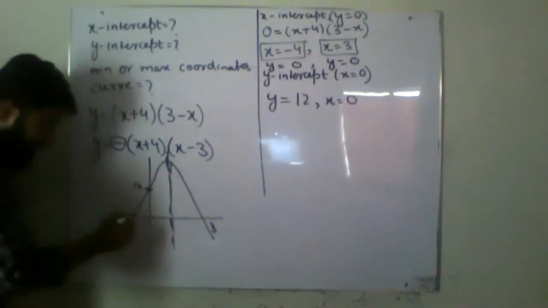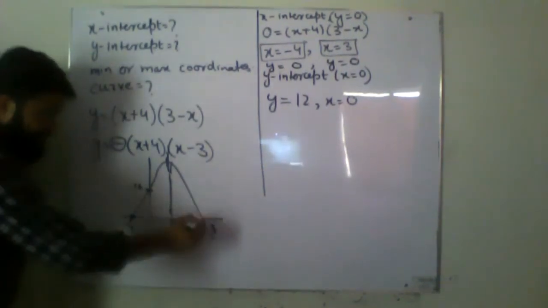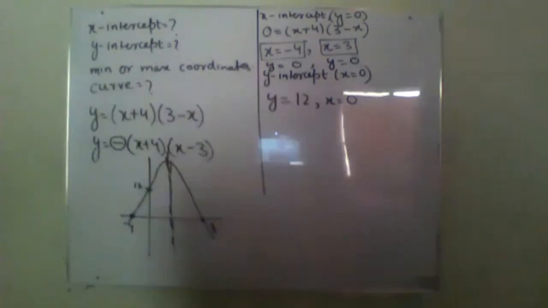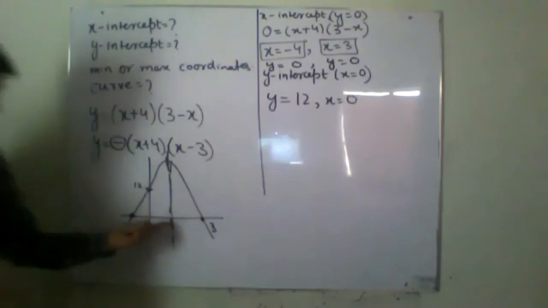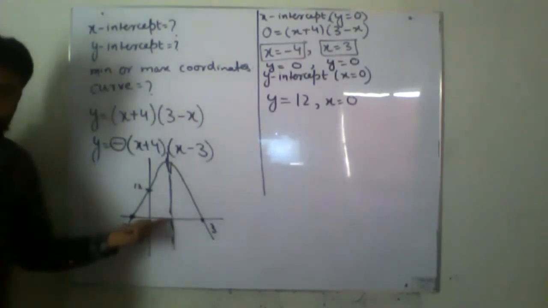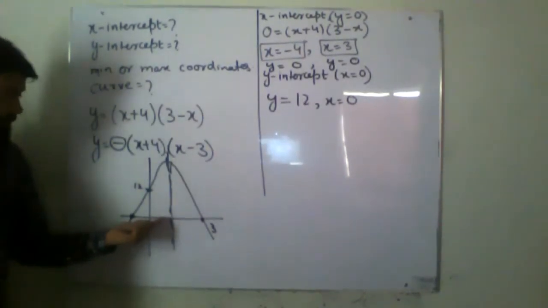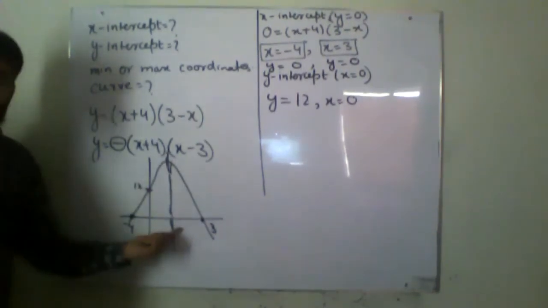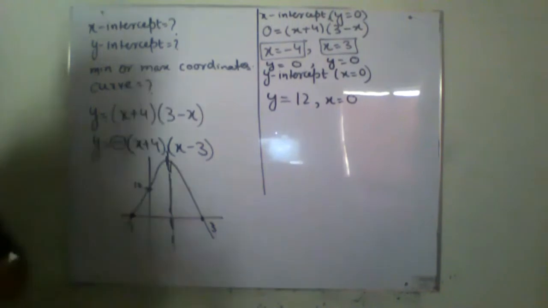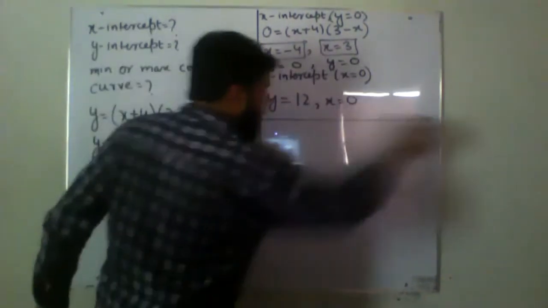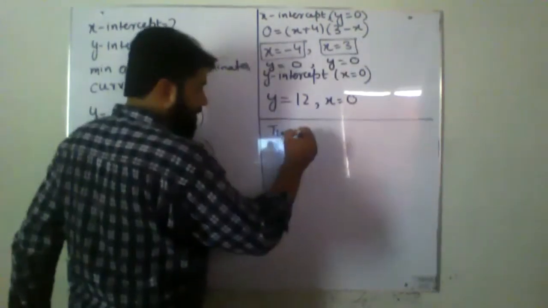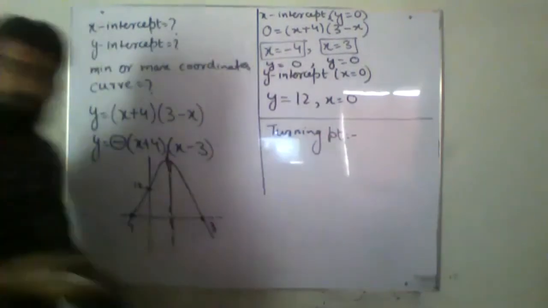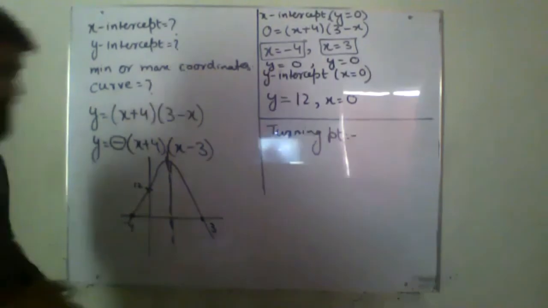You will take both intercepts of x, add them, and divide by 2. You will get this value of x, and when you plug it into the equation of the curve, you will get the value of y. So to find the turning point, which is my maximum point or minimum point, it can be both things.